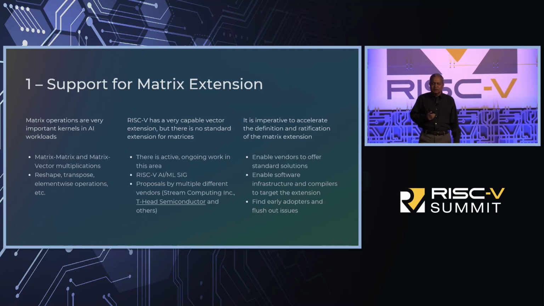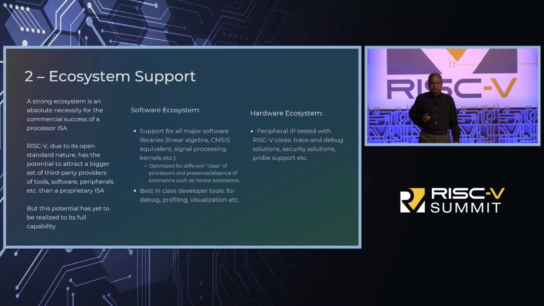We have been working very closely and monitoring it. And we also know that the RISC-V AI/ML SIG is making tremendous progress on this front. We also have proposals by multiple different vendors, like Stream Computing, TED Semiconductor, and others. So it is imperative to accelerate the definition and ratification of the matrix extension for us.